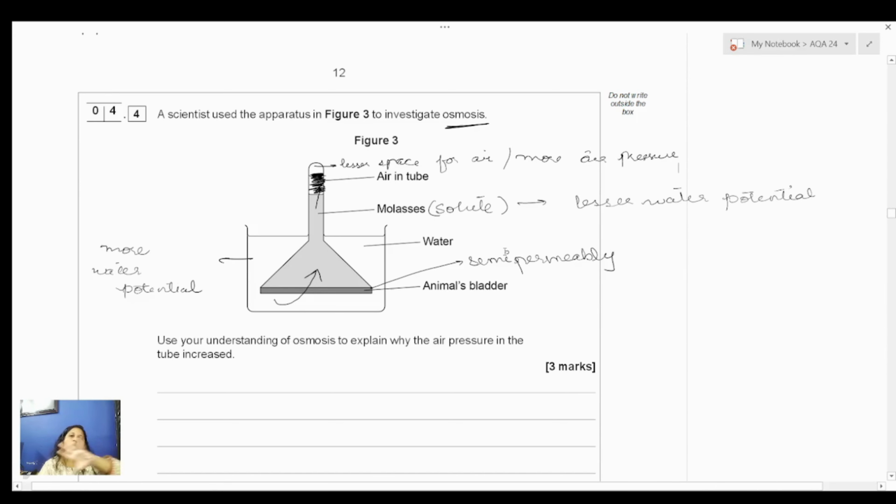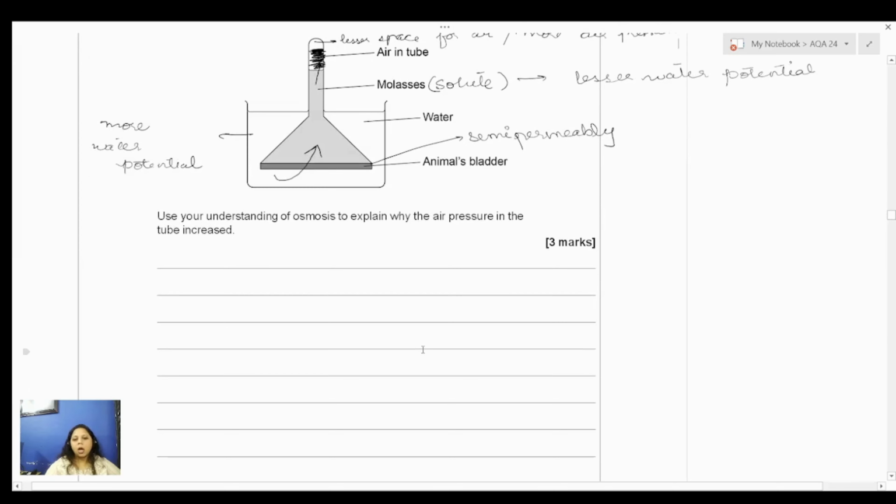You have to tell the whole process, how the water moves inside the cell. How would you tell this? I'll write the key points. Number one, you have to mention the gradient. Gradient means you need to mention where there is more water potential and where there is lesser water potential.